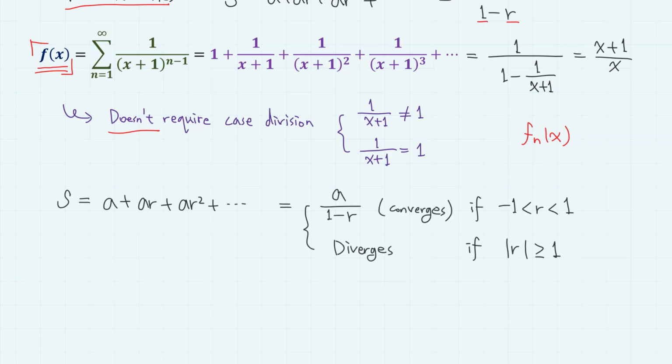In the infinite series, the case division is that the sum converges to a over 1 minus r if the common ratio r is in between -1 and 1. And if the absolute value of the common ratio is greater than or equal to 1, then the series simply diverges. So our result for the geometric series f(x) is true only if the common ratio 1 over x plus 1's absolute value is less than 1, and the function diverges otherwise.